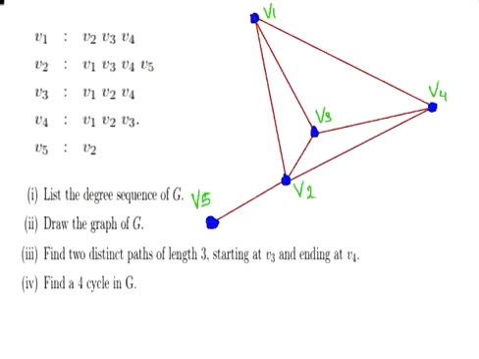If it is of length 3, it must pass through 3 edges. So let's have an example. A path from V3 to V4, like that, has only length 1. It only uses one edge.